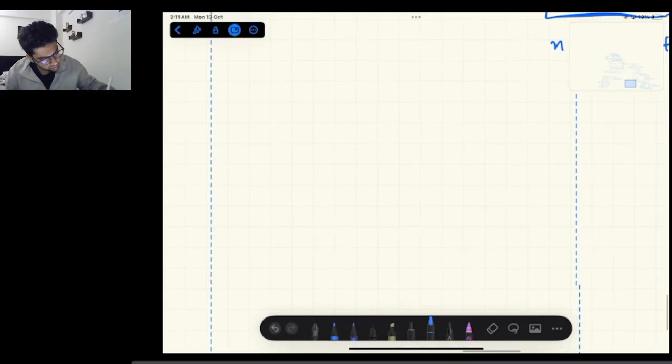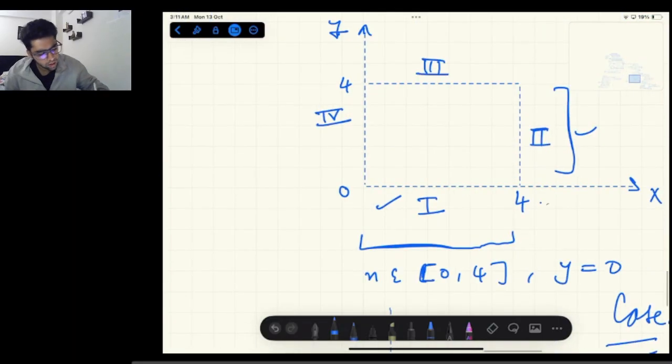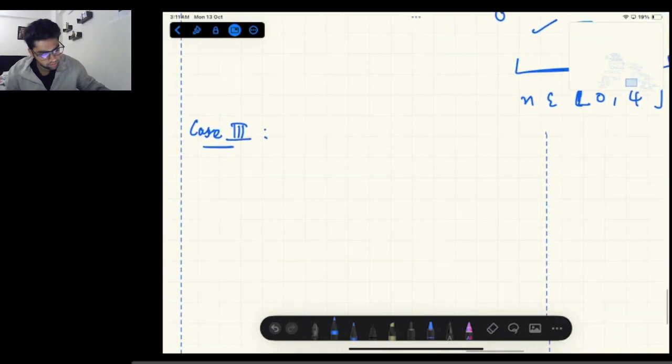So this is starting from here. Case 3 is h3, where x lies between 0 and 4 and y is 4.